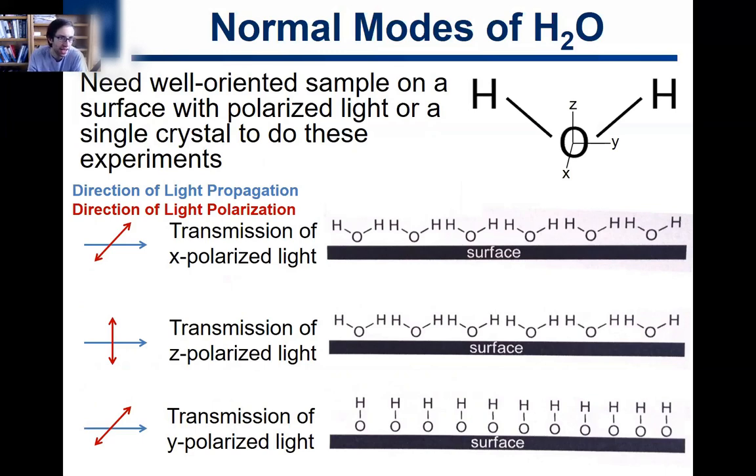You're just going to get an average of random different orientations, and you're not going to be able to distinguish between any of these different selection rules, even if you're blasting with one polarization of light, right? So you need a single crystal where your molecules are relatively stationary, things aren't moving around so much, everything is well ordered, and thus you can really orient things well, okay?